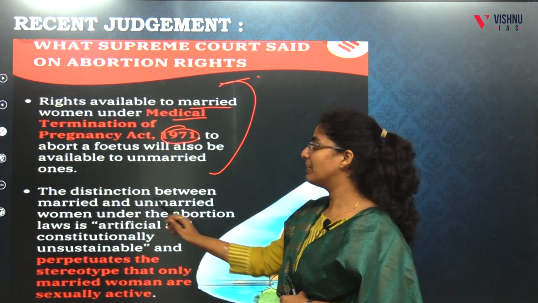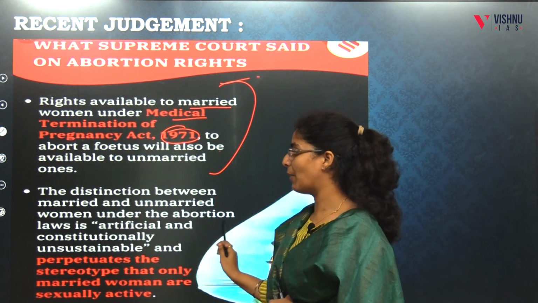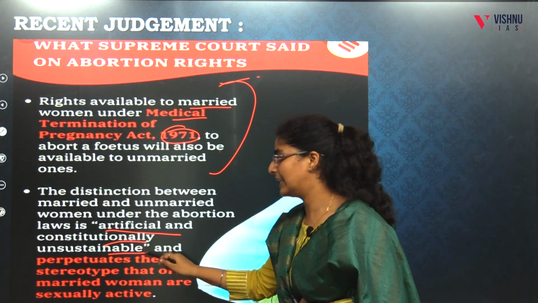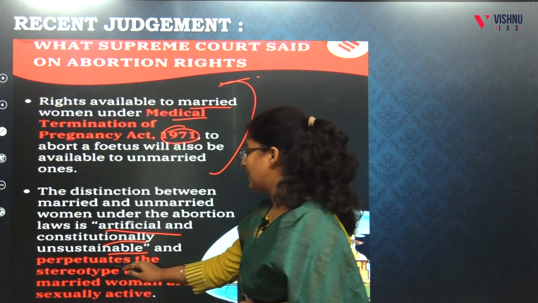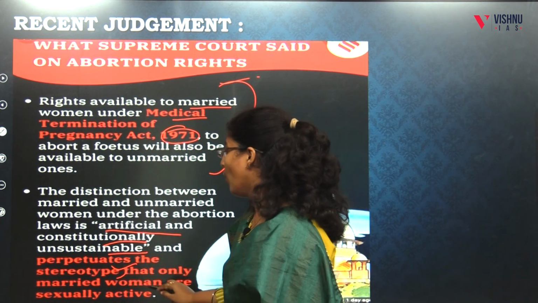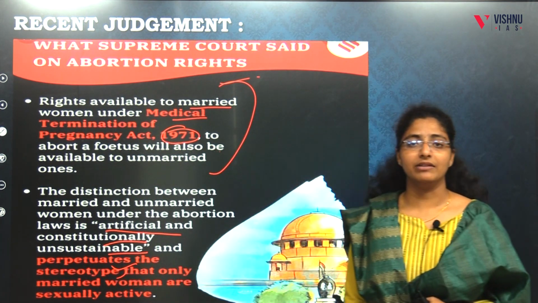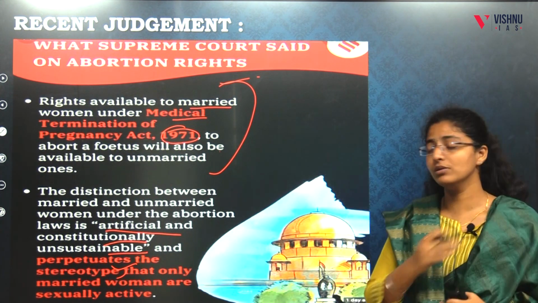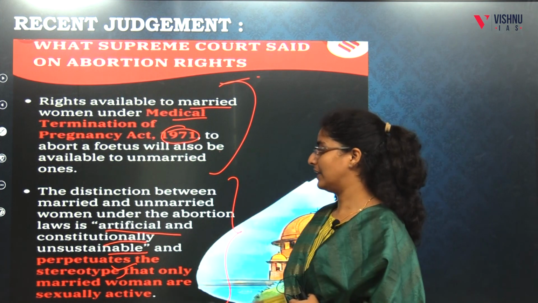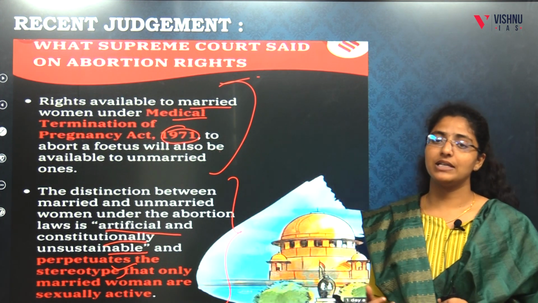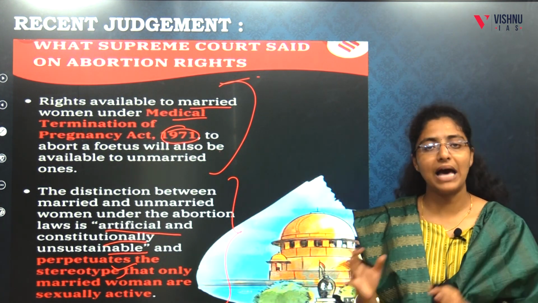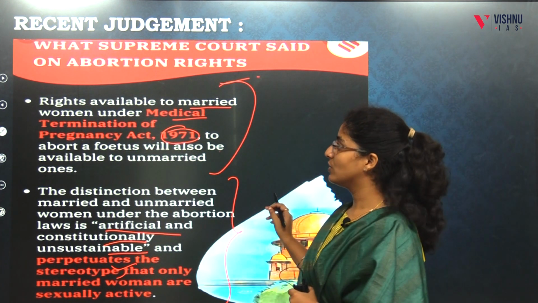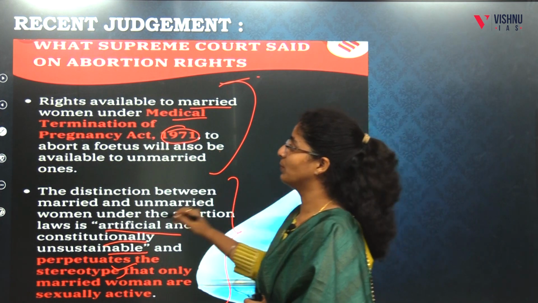The distinction between married and unmarried women under the abortion law is artificial and constitutionally unsustainable, and perpetuates the stereotype that only married women are sexually active. This is a stereotype and taboo that society holds. So the Supreme Court has said this perpetuates a stereotype that only married women have sexual intercourse and are sexually active. This was the recent judgment of the Supreme Court.